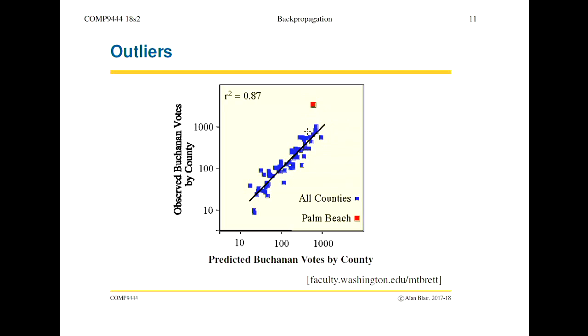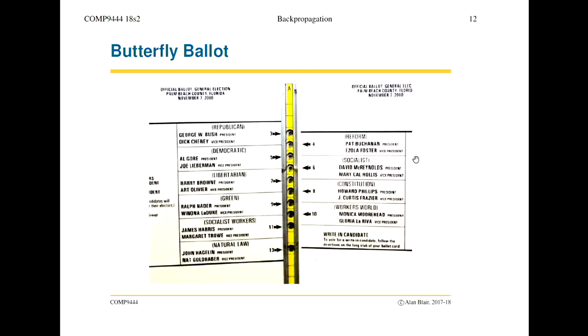And then you look and say, well, maybe there's something unusual going on here, some other explanation. And the explanation is that the ballot in that particular county was drawn up in a confusing way, because candidates were listed on both sides.